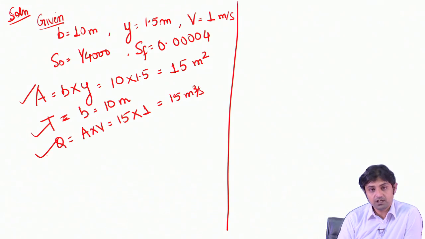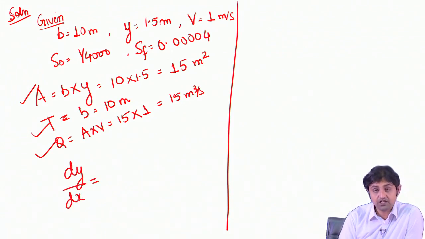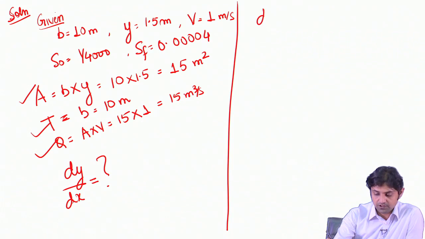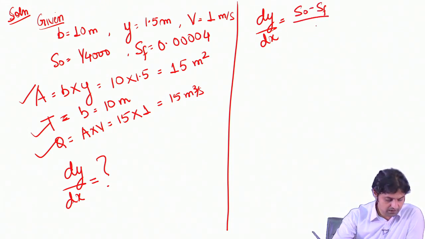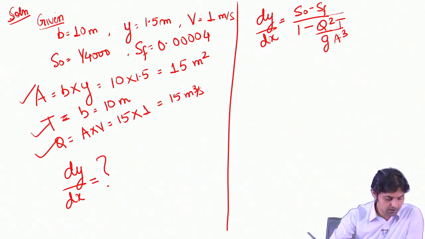What is the equation in gradually varied flow that we have derived? It is the equation that relates dy by dx to some number, and we have been asked to calculate dy by dx. The equation was dy by dx is equal to S naught minus SF divided by 1 minus Q square multiplied by T divided by G into A cube.